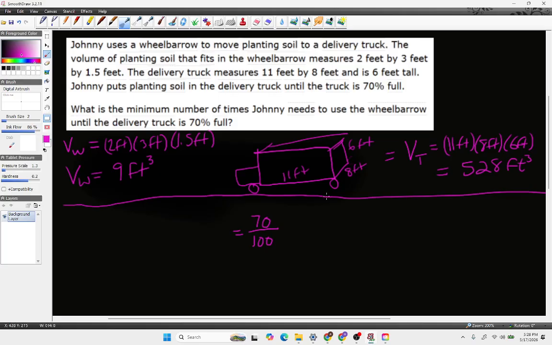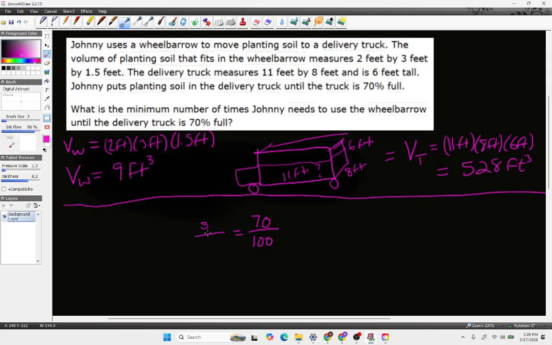So the part in this case, meaning how much of it, like if we imagine you're filling this up to 70%, like how much soil is that? What is 70% of 528? We actually don't know.